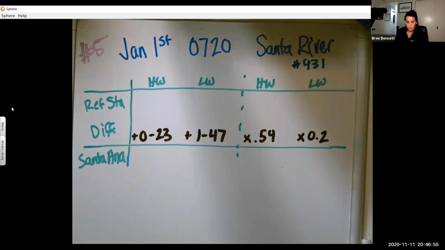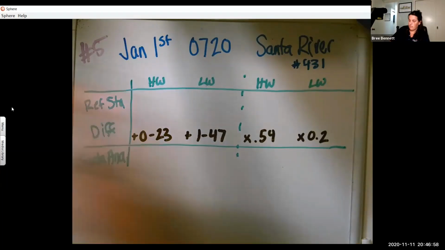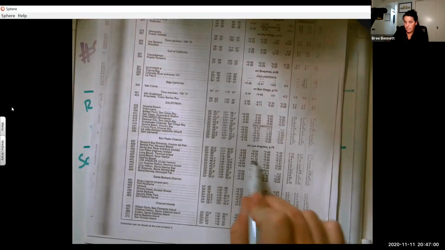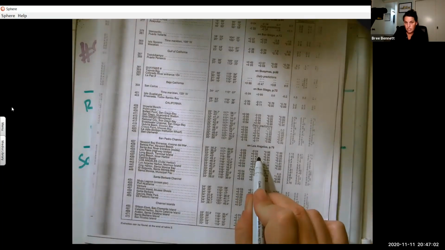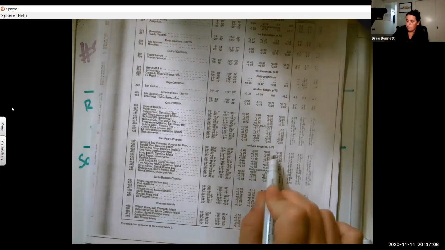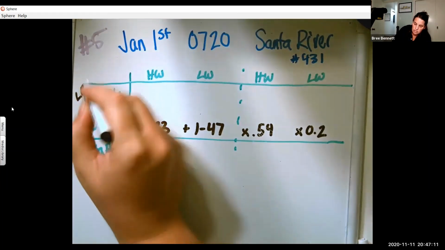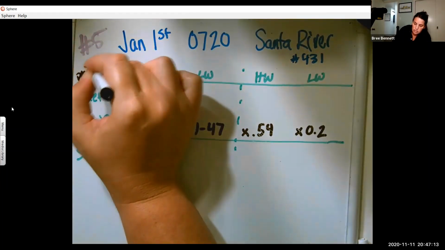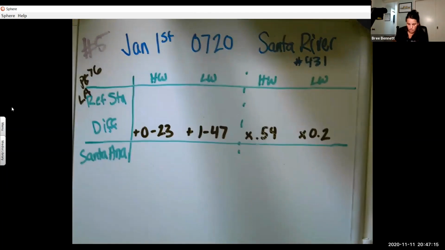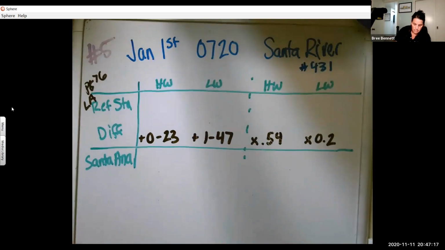All right, so I just copied my Santa Ana River, and then I go up and I see my reference station is Los Angeles, page 76. So what's happening at Los Angeles on January 1st?